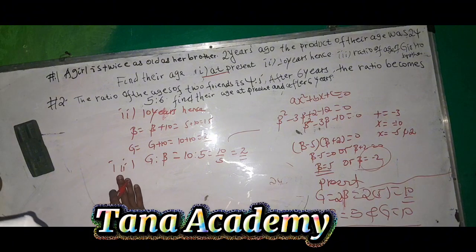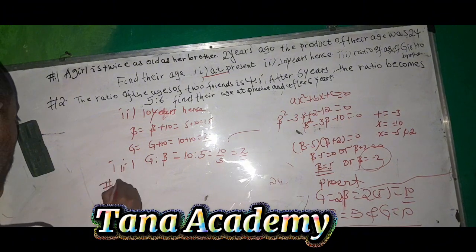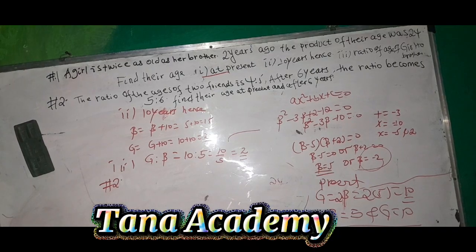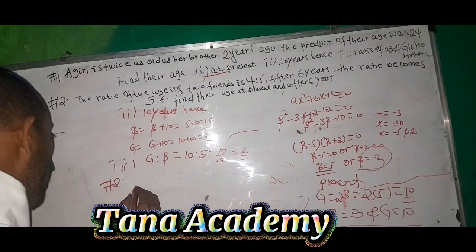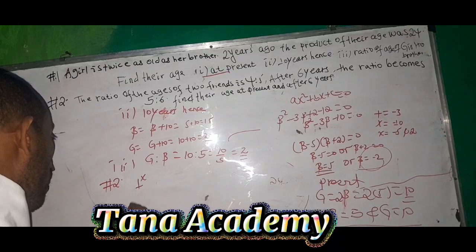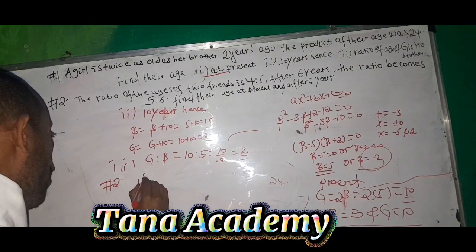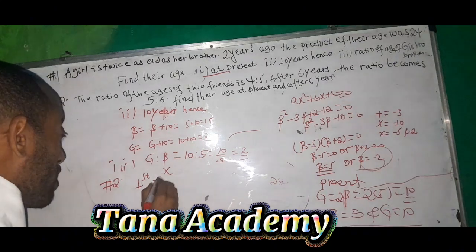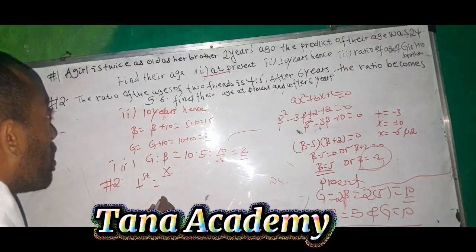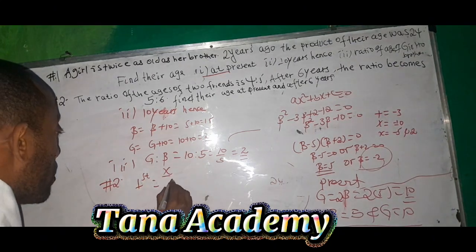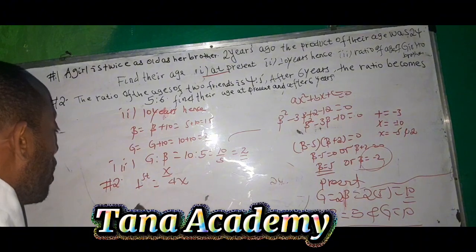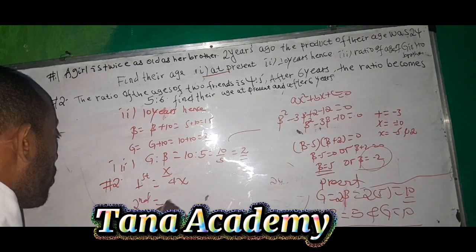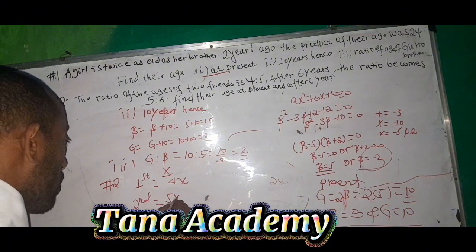In order to solve this question number 2, if x is the present age factor, the age of the first friend will be 4x, while the second friend will be 5x.